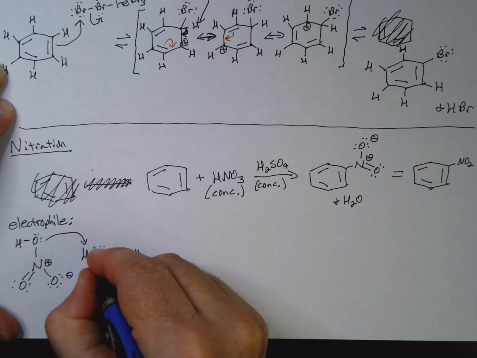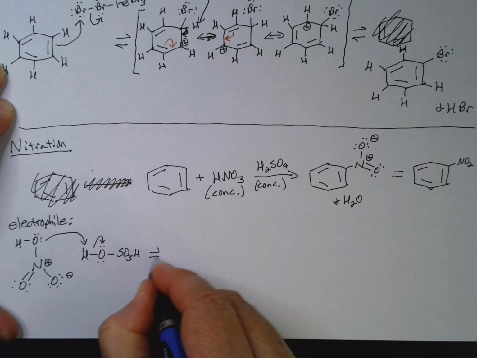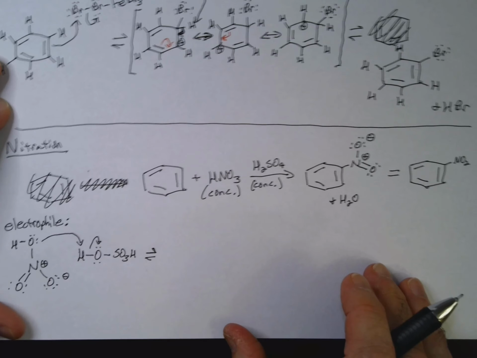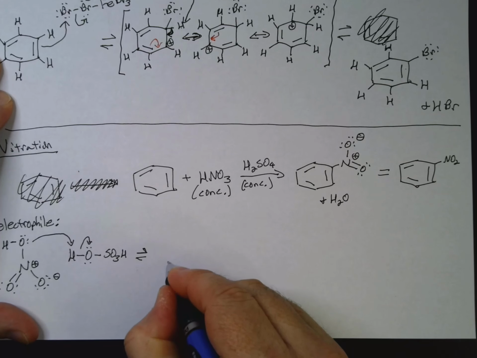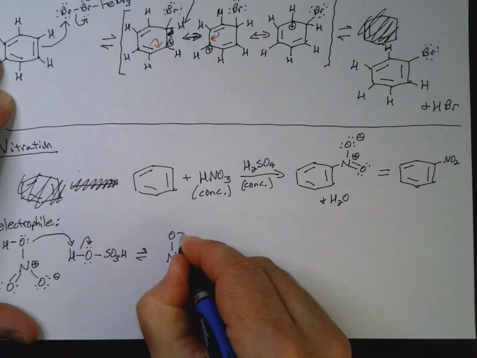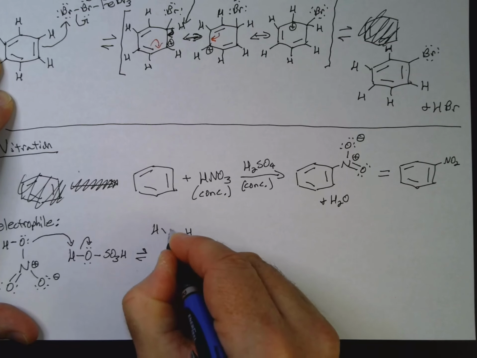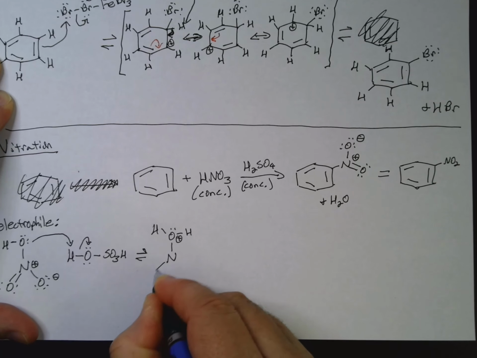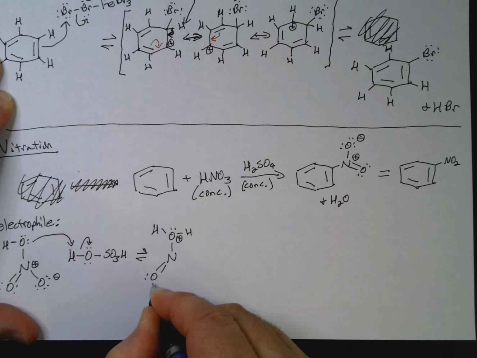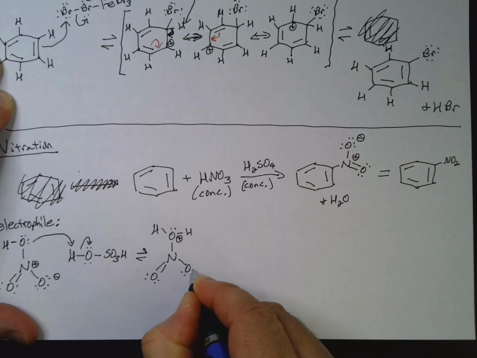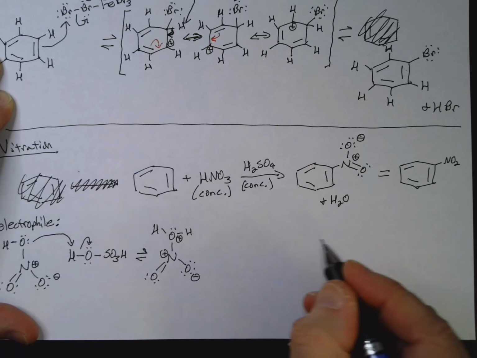And so what happens is we get protonation, and now we have N, OH, lone pair, positive charge, double bond O, O minus there, positive charge there.